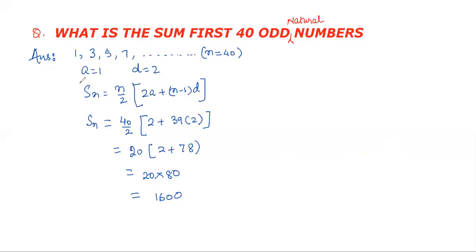So a is 1, d is 2. Let's apply the formula: Sn is equal to n by 2, 2a plus n minus 1 d. What is known here? a is known, d is known, even n is known, that we have a total of 40 terms. So children, we will put in these values. Put 40 in place of n, 1 in place of a and 2 in place of d, and simplify.